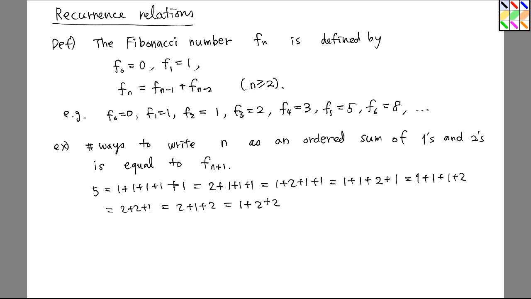So there are 1, 2, 3, 4, 5, 6, 7, 8 ways to write 5 as a sum of ones and twos.